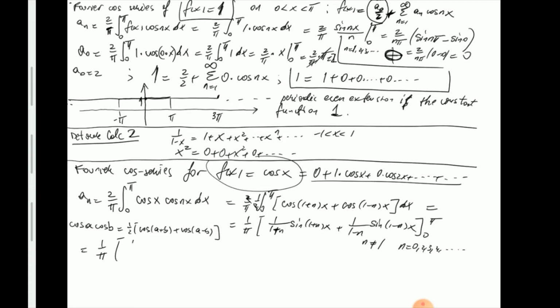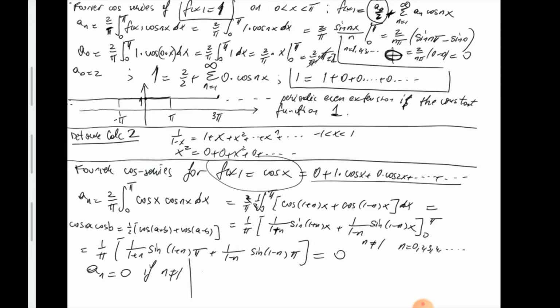Because again, any sine of any multiple of pi will be 0. So that means all the coefficients are 0 if n is not equal to 1.